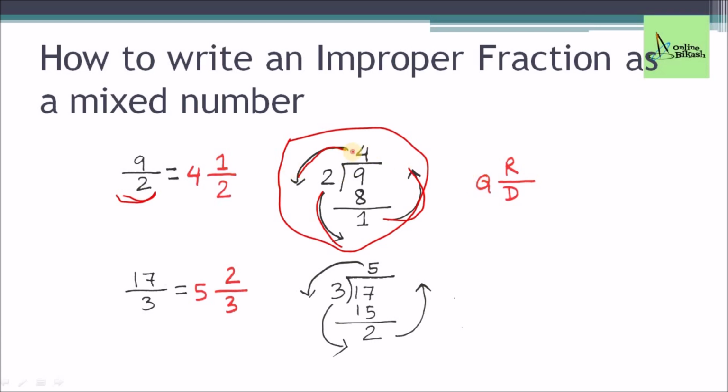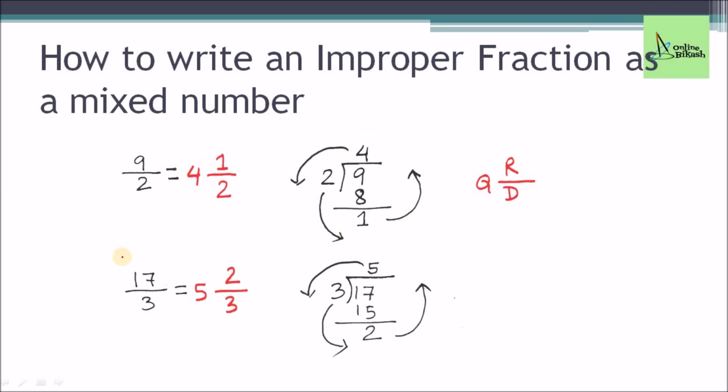So if you take this 4 to this side, then it will look like this one. Then this 2 will go down, that means to the denominator place, and this 1, that is the remainder, will go up as a numerator. So is it clear? So 9 by 2 can be written as a mixed number, that is 4 whole 1 by 2.